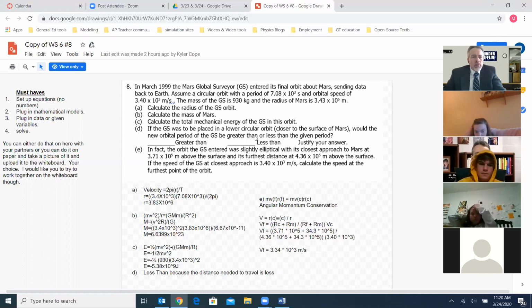Part C, calculate the total mechanical energy. For that one, we have to use that new equation for gravitational energy, negative G M m over R. And then it's going to have also kinetic energy, 1/2 mv squared. We've already figured out the speed. So I just plugged in the numbers.